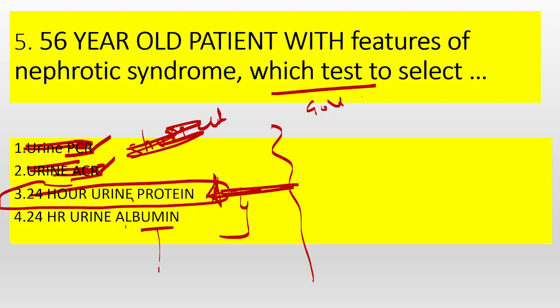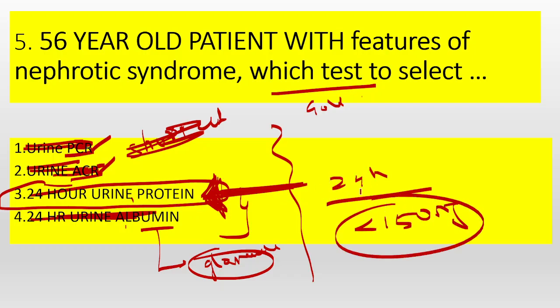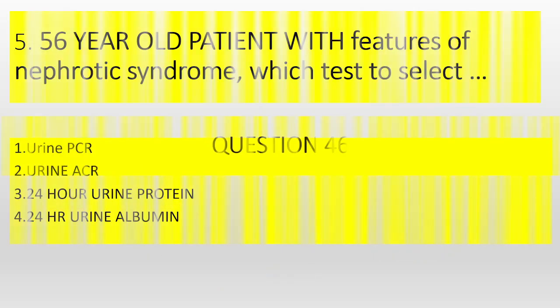Yes, albumin is a very sensitive marker for glomerular involvement, but we don't want the sensitive marker. We want overall protein, how much is excreted. In a pediatric patient, albumin might be a sensitive marker, but over 24 hours the normal protein is less than 150 milligrams. We want to know how much protein the patient is excreting. That is why the best test here is 24-hour urinary protein.